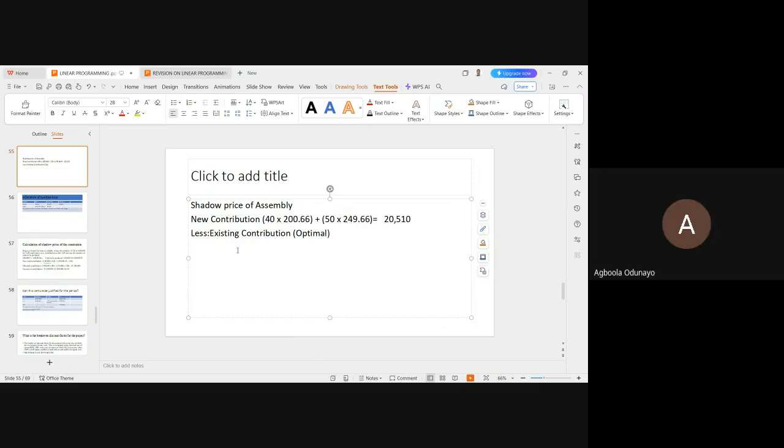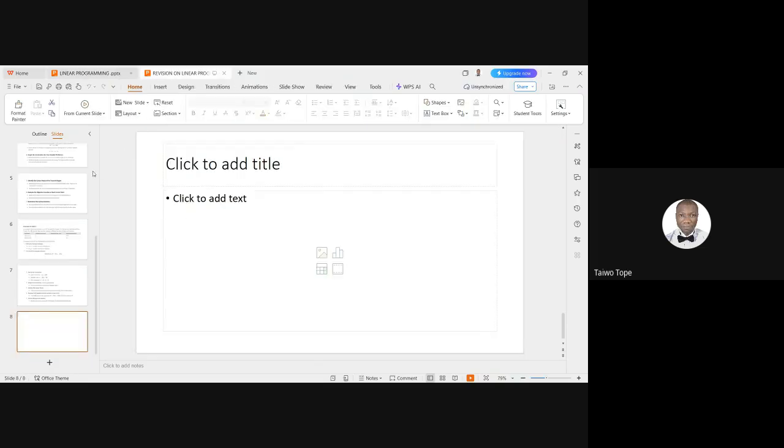It's 6 naira, sir? Can you confirm again? It's 10 naira. Okay, fine. It's 10 naira. So when you add 1 hour to assembly, the extra contribution you will get is what? It's 10. So this is the concept of shadow price.